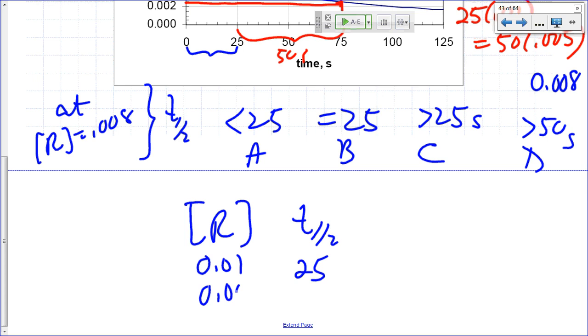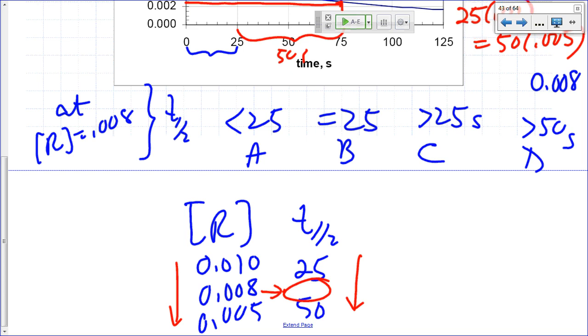And at 0.005, it was 50 seconds. What do you think this number is going to be in between? As the concentration drops, the half-life gets longer. So what's the best answer?